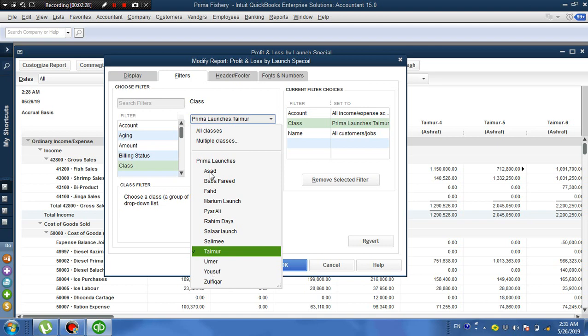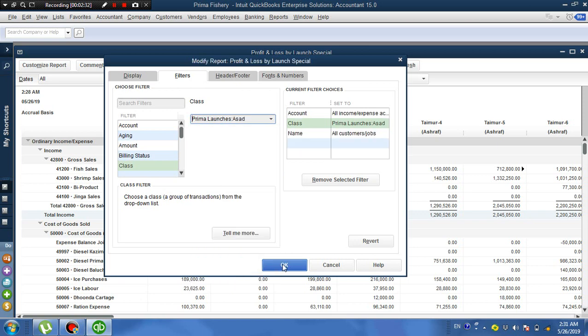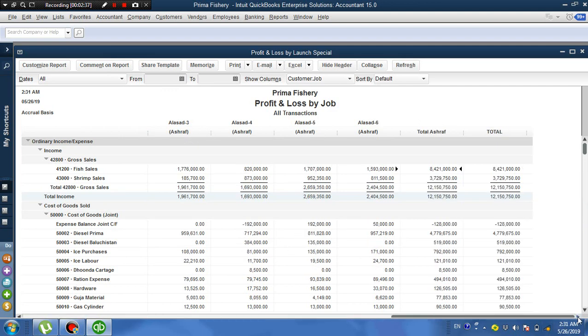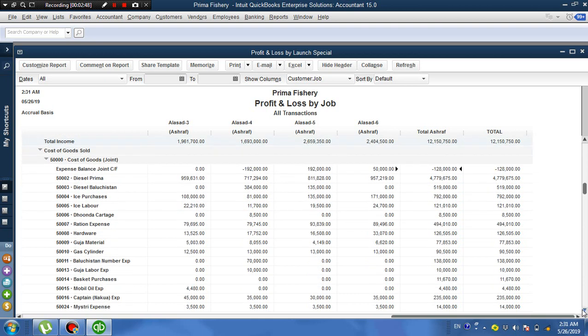So let us see Asad. Click OK and you got all the trips of the Asad boat. This is the customer and these are the profits. All these heads you can see by slowly scrolling like this.